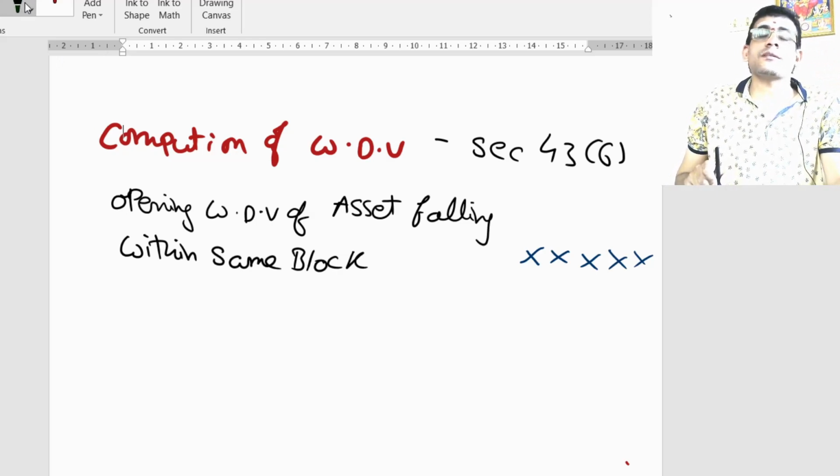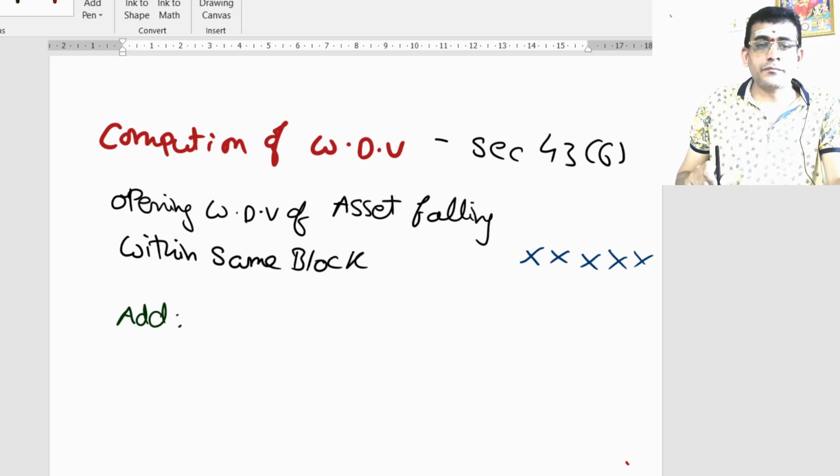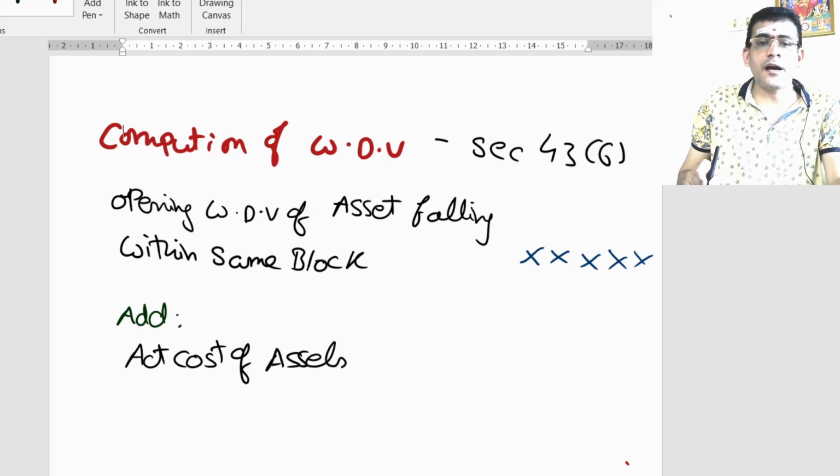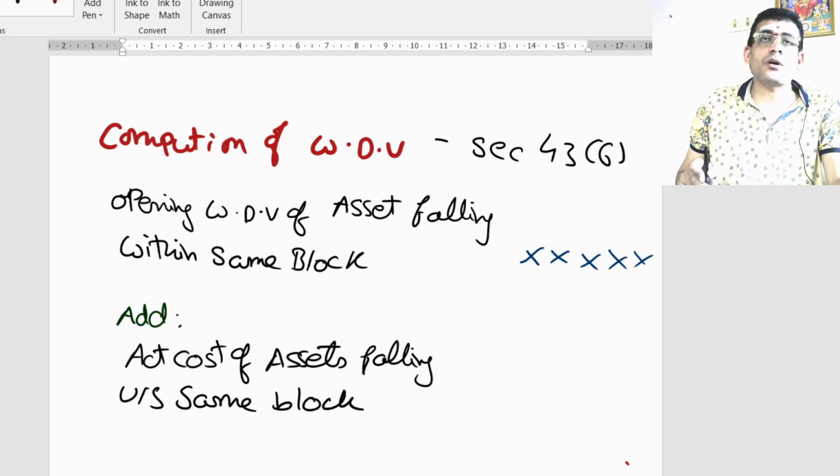As per 43 subsection 6 clause C, to be more specific, I need to add. What do I need to add? Let us see. We need to add the actual cost of assets falling under the same block. You are having multiple blocks, you are having multiple assets.